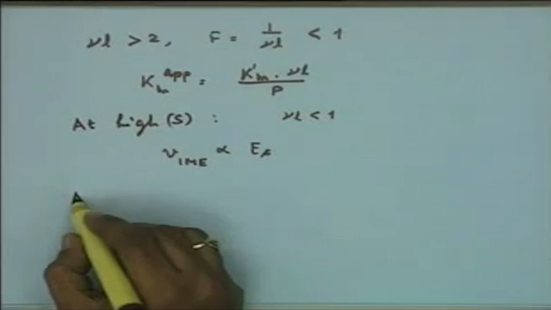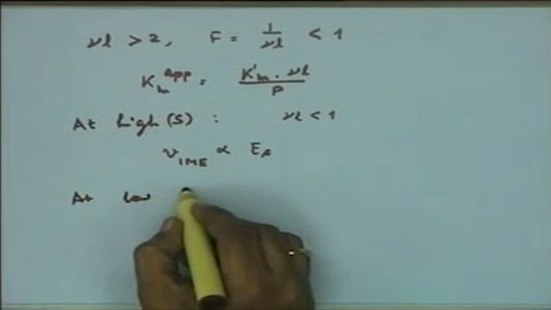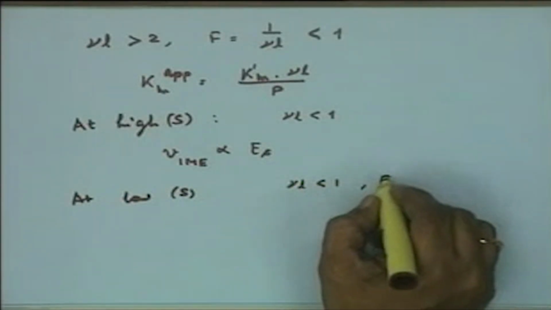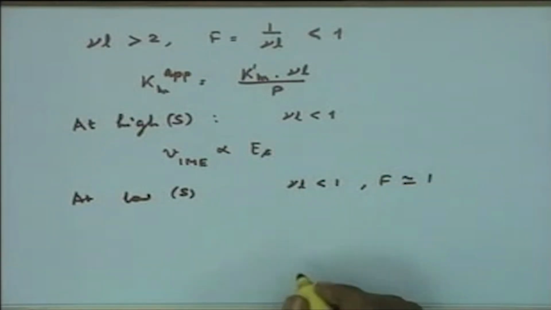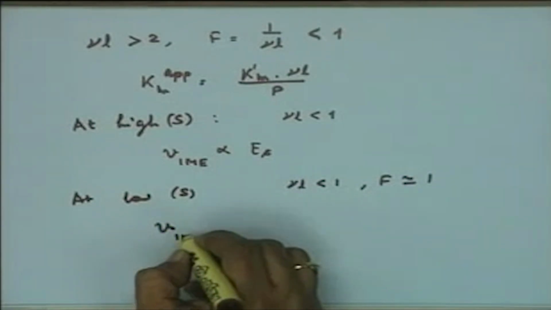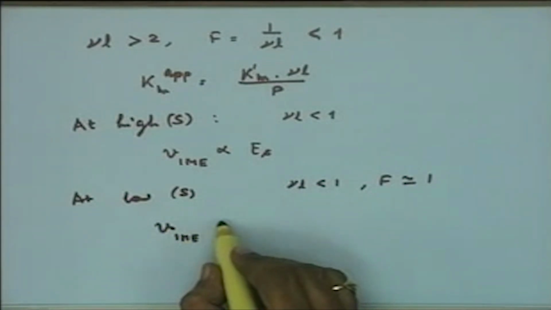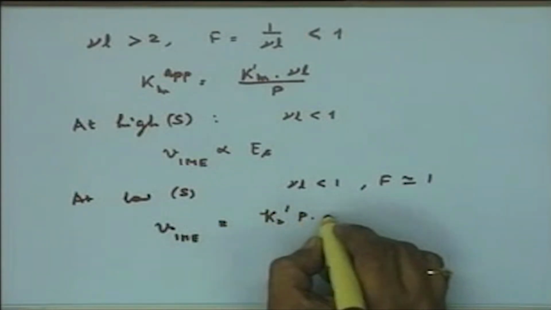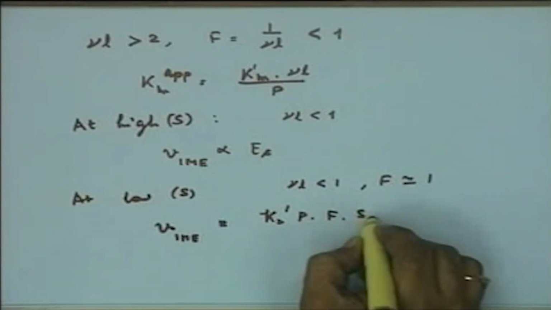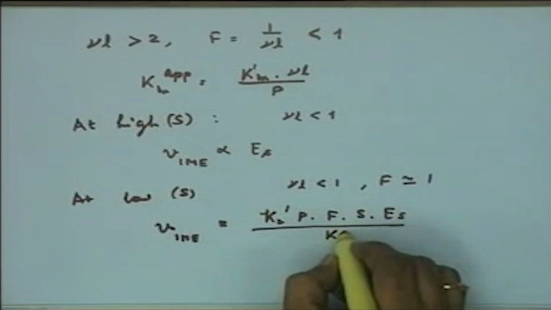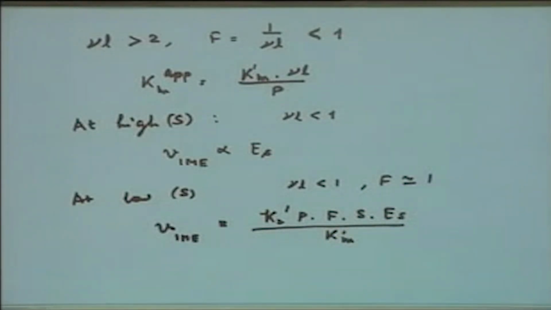But when you talk about low substrate concentrations, for gamma L less than 1 and F equal to 1, the reaction velocity for immobilized enzyme will become equal to K2 dash P into F into S into Es upon K dash M. That means essentially first order kinetics.